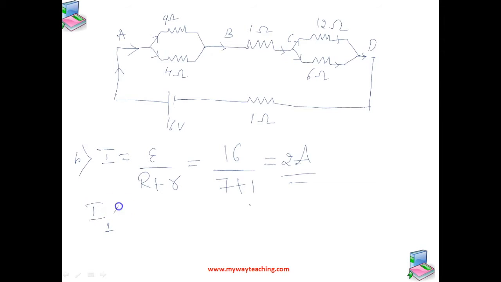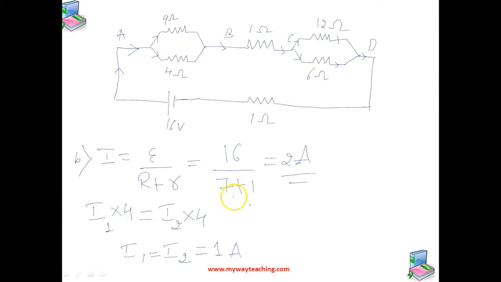So we can write I1 into 4 is equal to I2 into 4 because voltage is the same, V is equal to IR. So by this we can write I1 is equal to I2, that is equal to 1 amp because total current is 2 amps. So the current in each 4 ohm resistor is 1 amp.